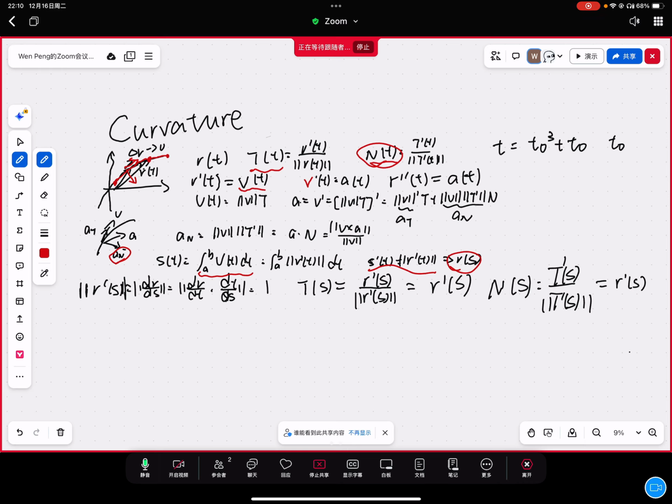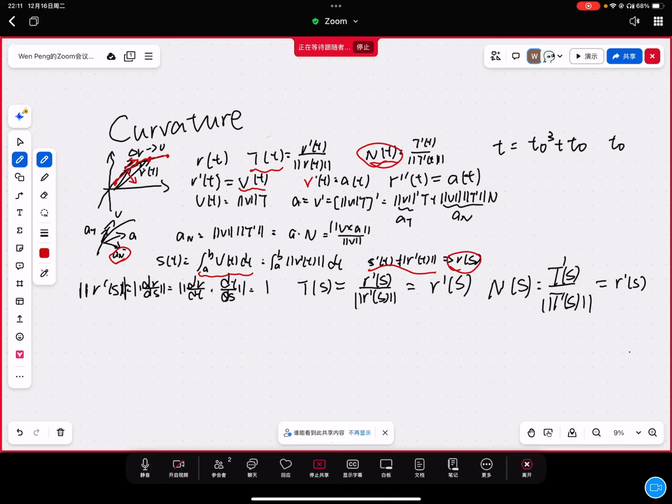And we can get T of s equals r prime of s over the magnitude of r prime of s, which is actually r prime of s, because the magnitude of r prime of s is 1. Also, we can use this to define the normal vector on T of s, which is T prime of s over the magnitude of T prime of s.